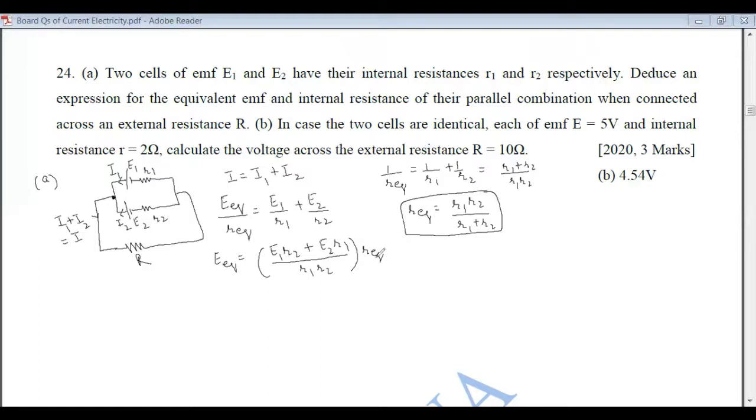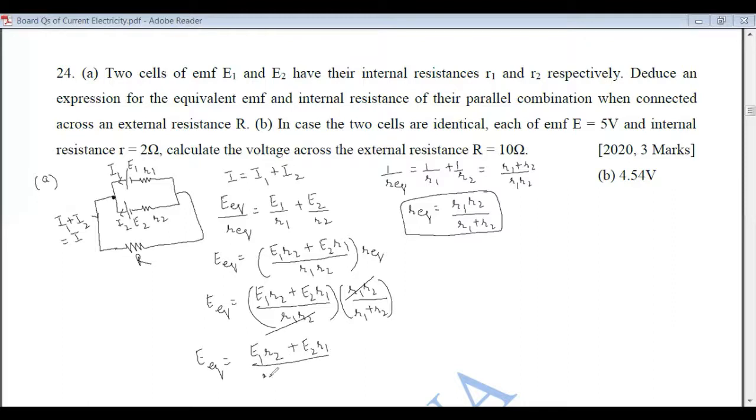Let's substitute R equivalent over here to get the equivalent EMF of the two cells. R equivalent is R1 into R2 upon R1 plus R2. R1 into R2 cancels out and hence we get the expression of the equivalent EMF as E1 into R2 plus E2 into R1 upon R1 plus R2.